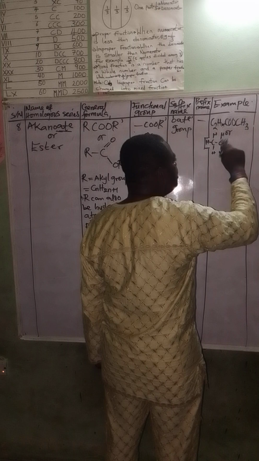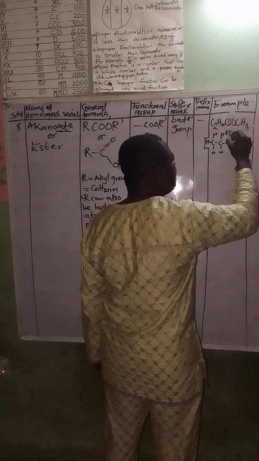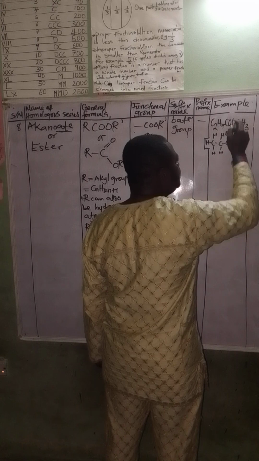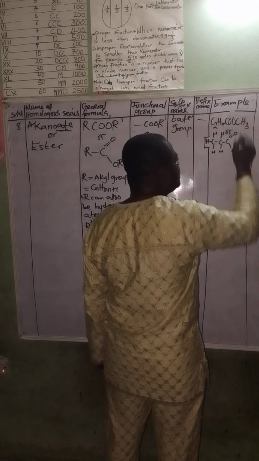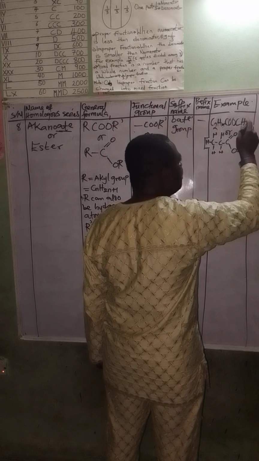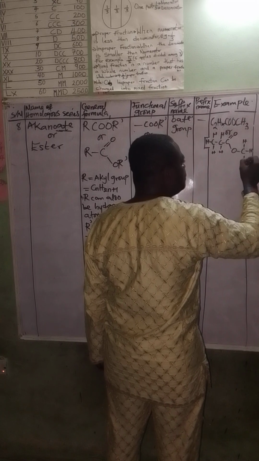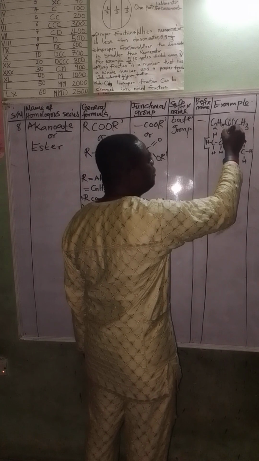Then this one is joining to this carbon, and can be bonded to oxygen up and coming down, the second oxygen is here. Then this carbon is surrounded with how many hydrogen? 3. 1, 2, 3. So you have it like that.